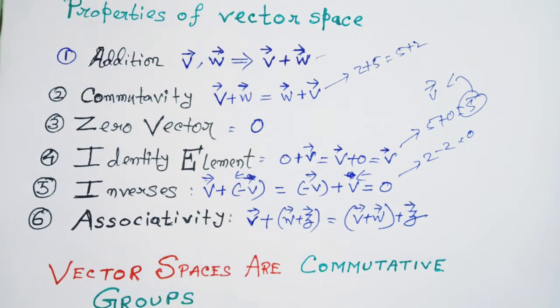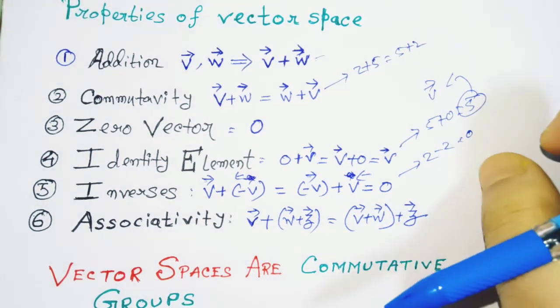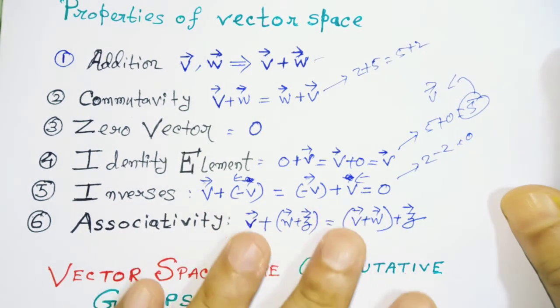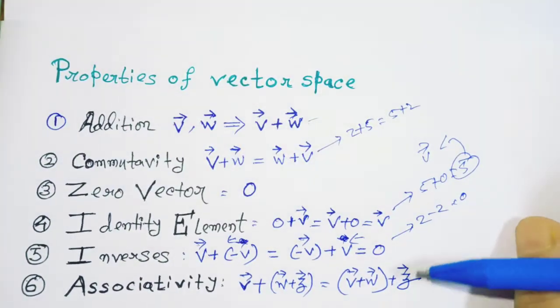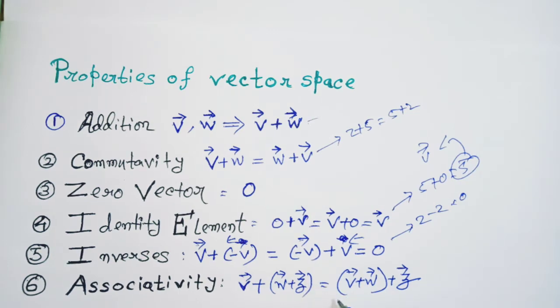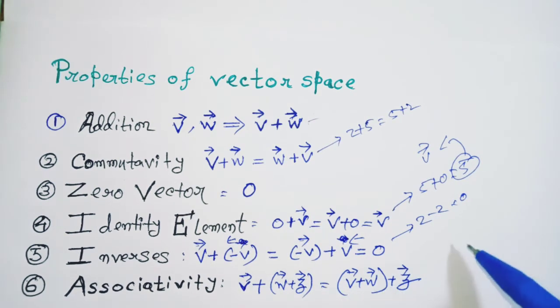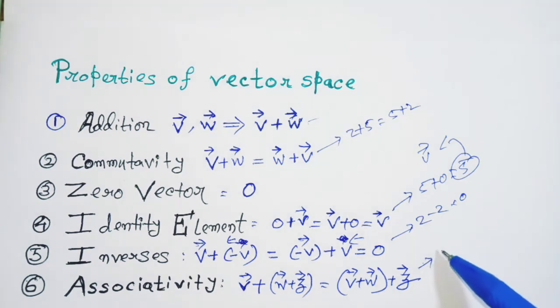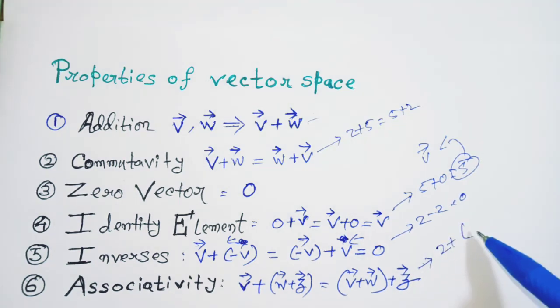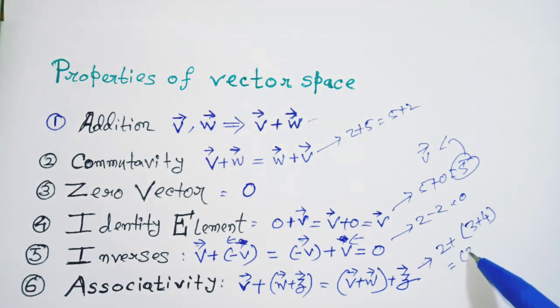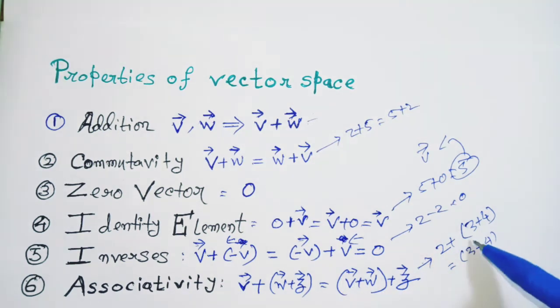This is called associativity. Associativity is, say for example, a vector v, plus w plus z, which are two more vectors, also gives you v plus w, plus z. I can take a similar example: 2 plus 3 plus 4 is also equal to 2 plus 3 within brackets, plus 4.